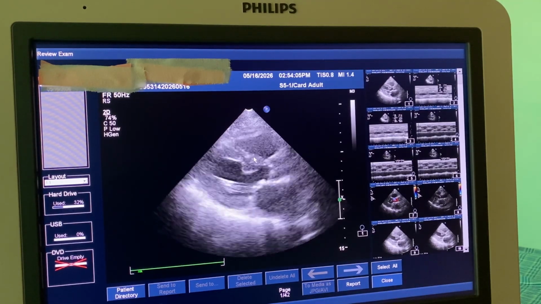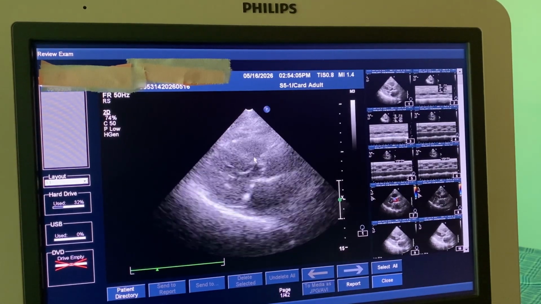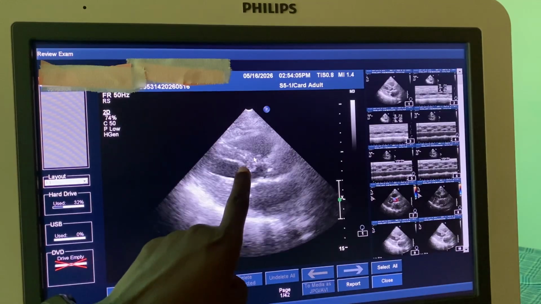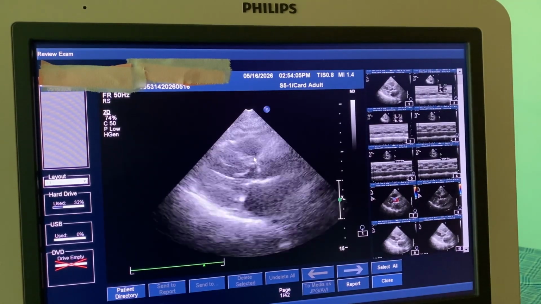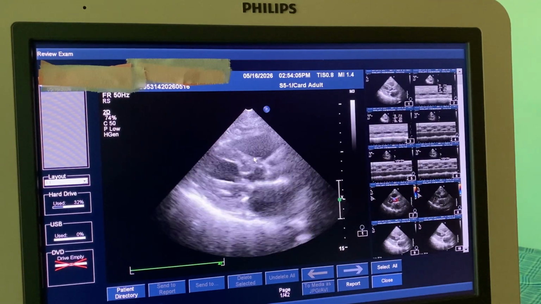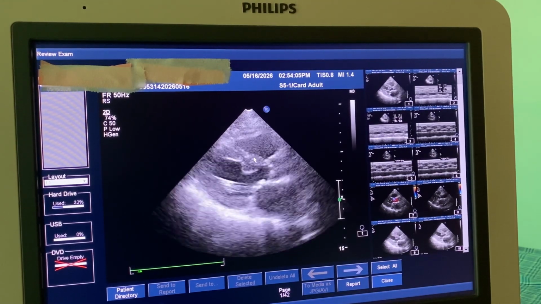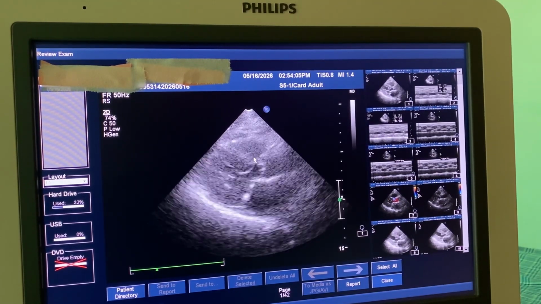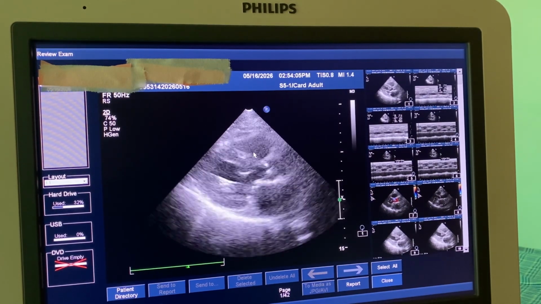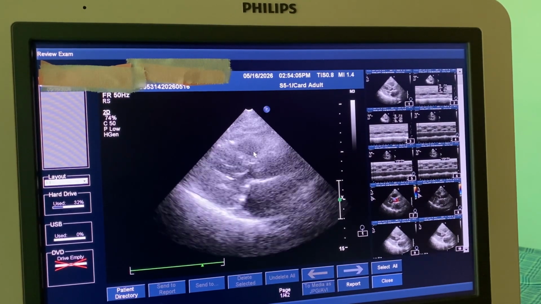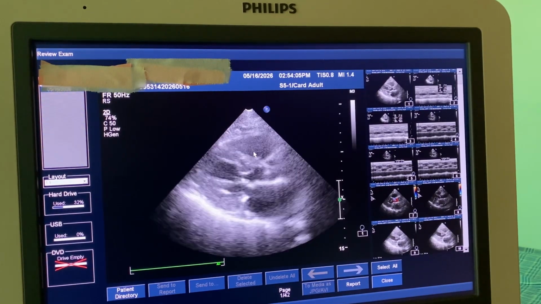When you are taking measurements, you don't measure the sigmoid septum, because you'll find severe hypertrophy, which is not true. When taking measurements by M mode, exclude it, and measure after.